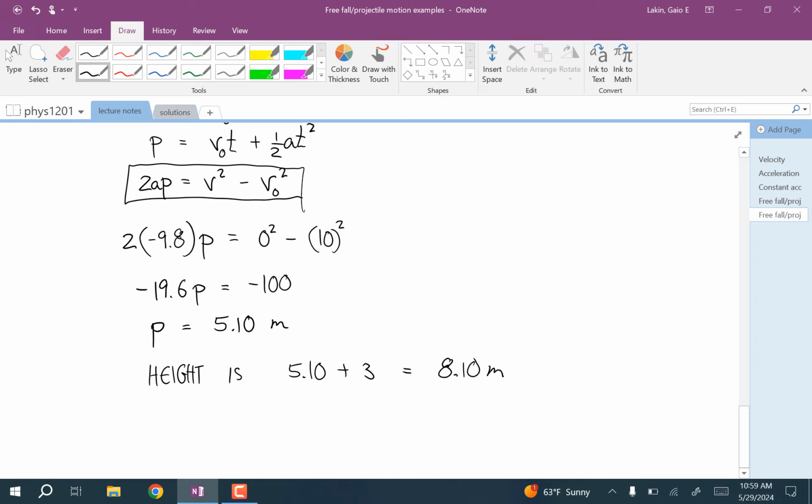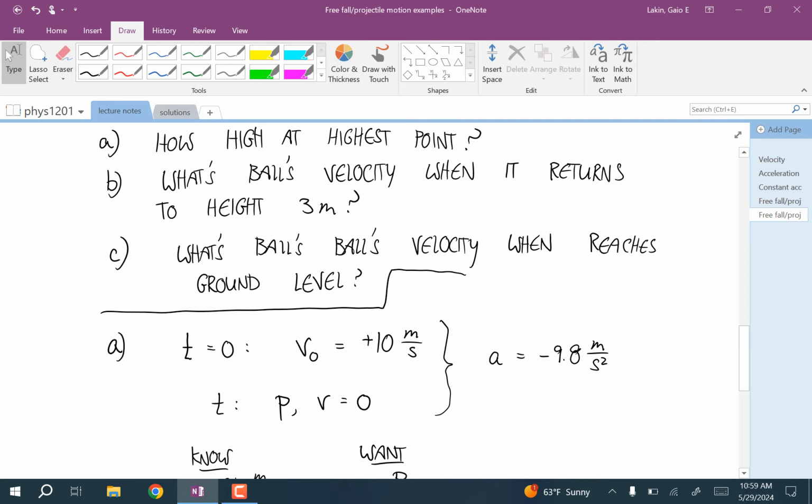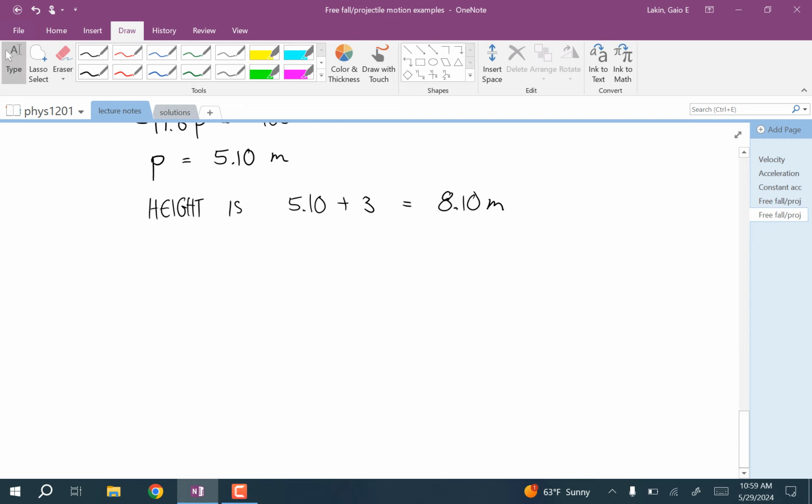So now for the second part of this, we want to figure out the velocity when it returns to a height of 3 meters. We're still going to turn the stopwatch on when the ball is released. So at t equals 0, what we know is that v sub 0 is equal to positive 10. And at the time t, what do we know?